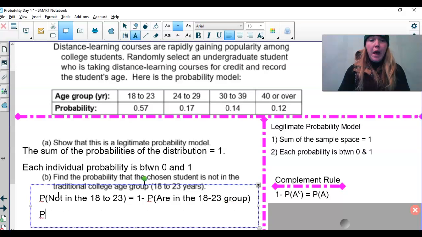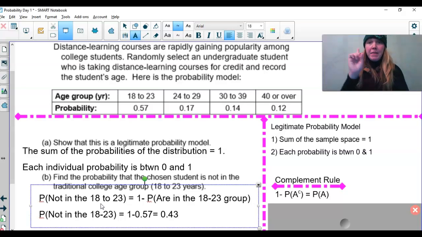Now again, if you're not familiar with this notation, that just means the probability of something happening. So the probability of not in the 18 to 23-year-old group is equal to 1 minus 0.57, which is equal to 0.43, okay? That's one way we can figure out probabilities, using the complement rule.